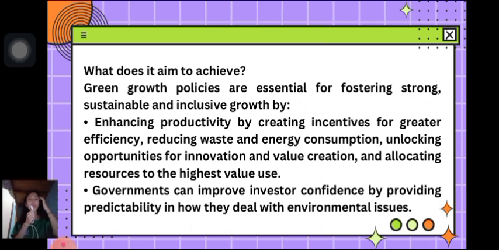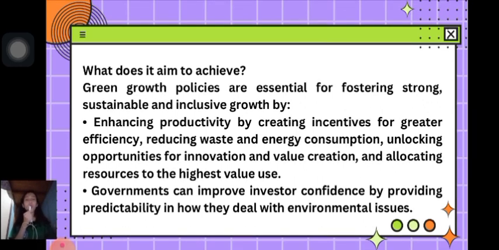So it enhances productivity through creating incentives for greater efficiency, then by reducing waste and energy consumption, then by unlocking opportunities, because there are lots of opportunities right now in the 21st century for machines, new technologies, innovations, and value creation. And the last one is allocating resources to the highest value use.